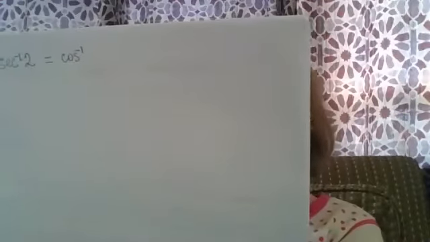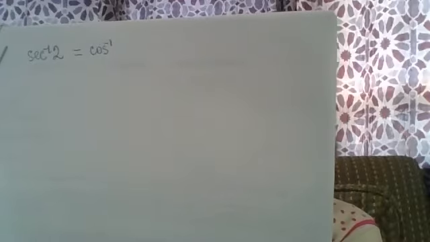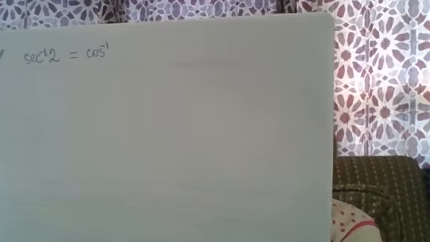So it will now be changed to arc cosine, but I cannot write anymore that it is arc cosine of 2, because if for a certain angle secant is equal to 2, for the same exact angle, cosine will be equal to the reciprocal of 2, which will be 1/2.